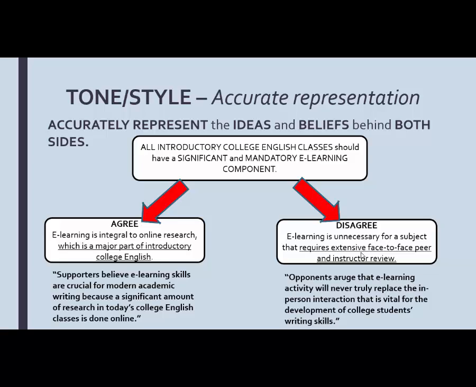So these are good ways of rephrasing not just the position and the subject, but the reasoning of both sides. If you notice, they're stated very bluntly, very plainly, and are fair, accurate, and objective reflections of both sides' ideas and beliefs.